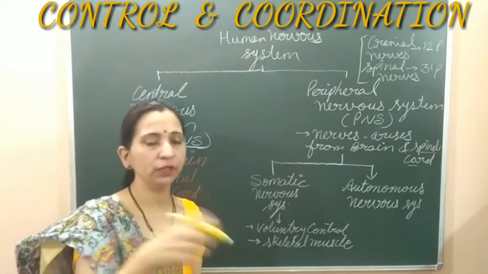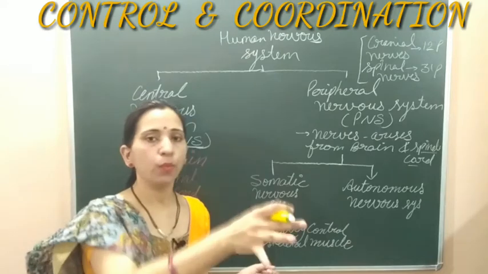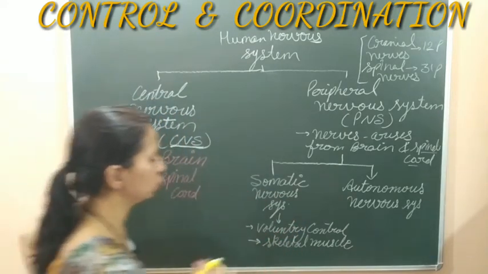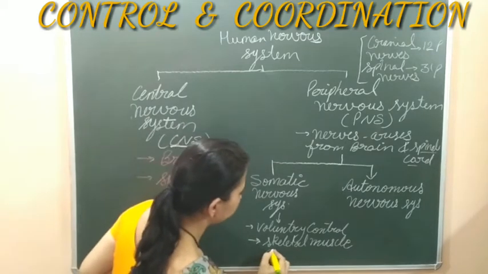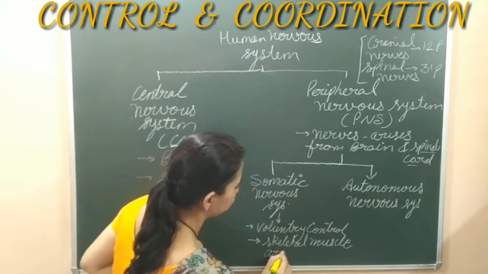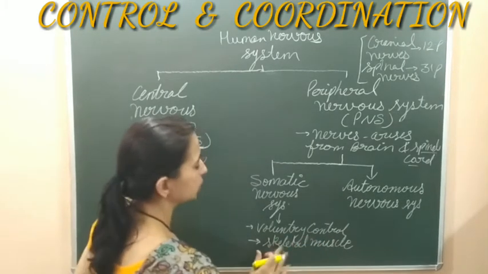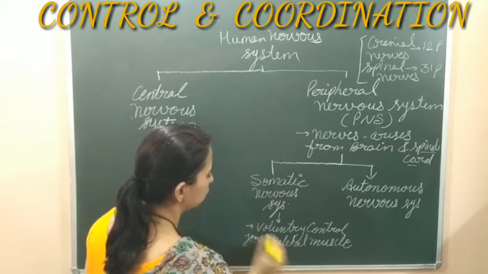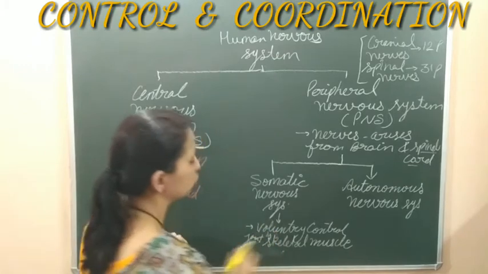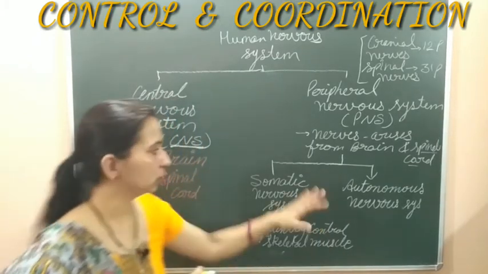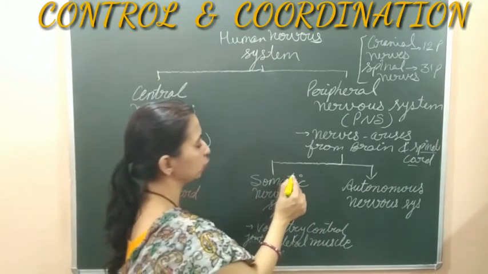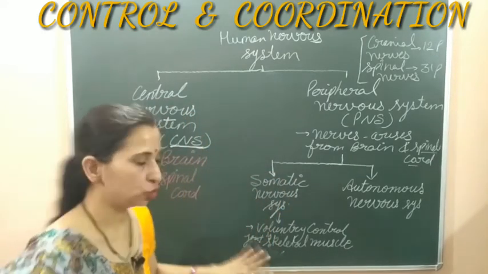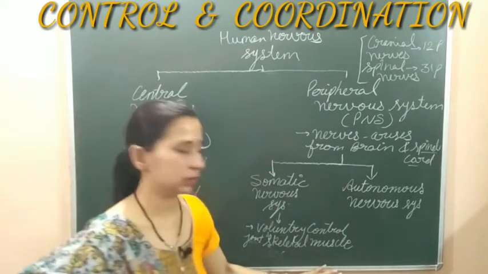Like you can write with a pen, you can throw a ball, whatever, and whenever you want to do it. So this is the voluntary control. The nerves of the somatic nervous system are joined to skeletal muscles. So these are in the voluntary control. We can control them by our own will.